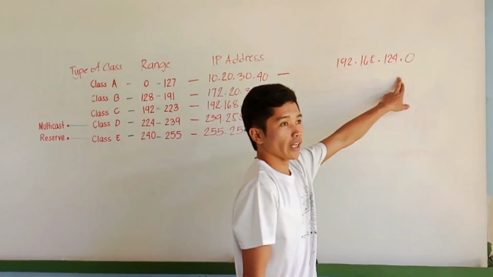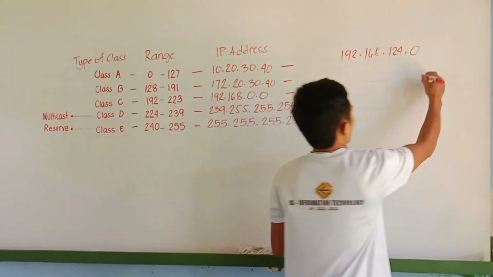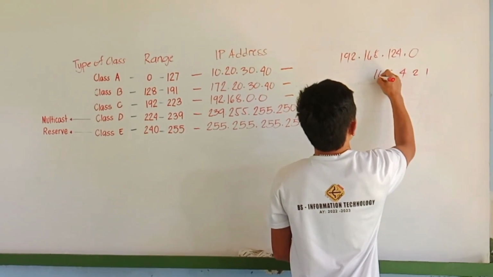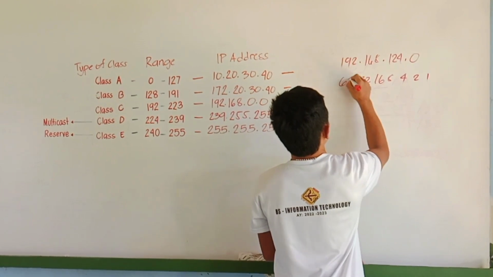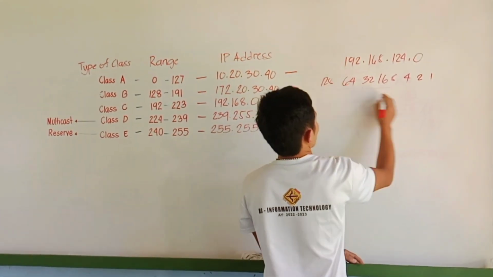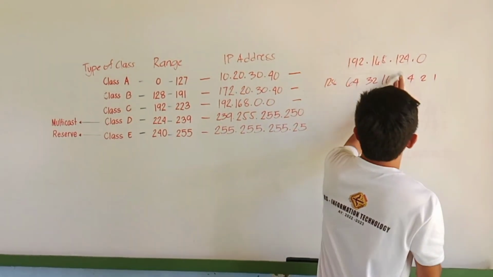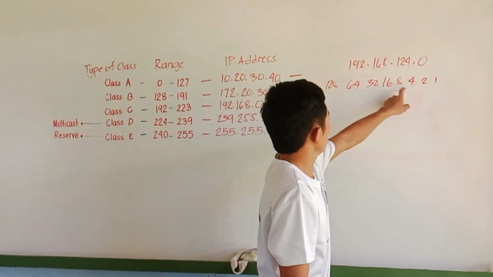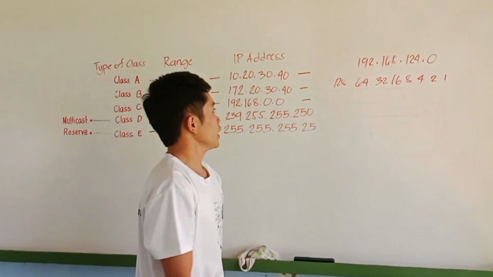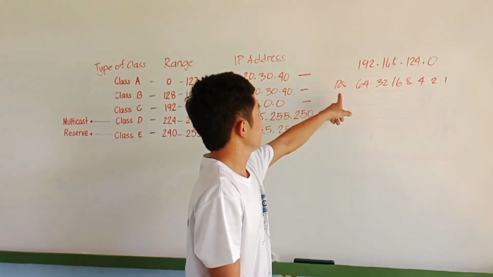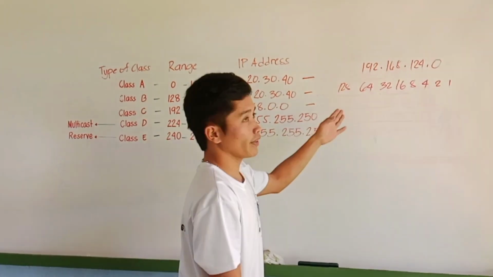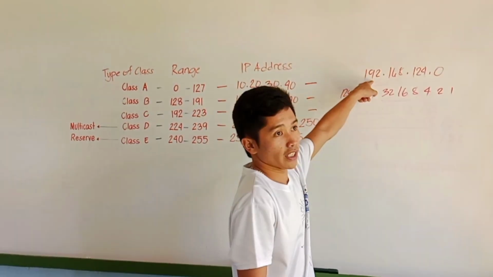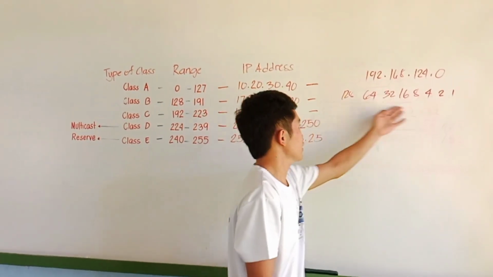We can compute this using the following: 1, 2, 4, 8, 16, 32, 64, and 128. So 1, 2, 3, 4, 5, 6, 7, 8. We use 8 bits for this IP address because, as you remember, each octet is composed of 8 bits. That's why we will use this.